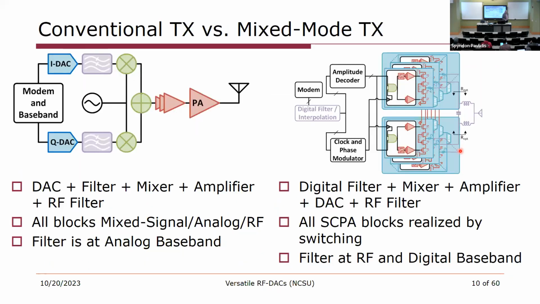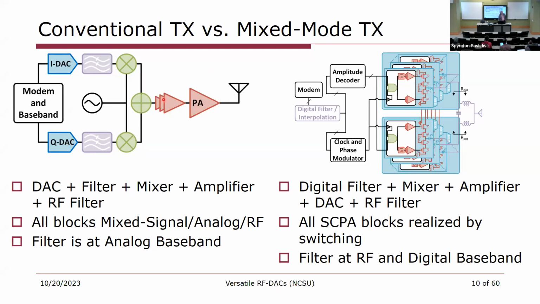Now, if we look at the architecture of a conventional transmitter, we're going to compare that to a mixed mode transmitter. So the conventional transmitter that I showed earlier consists of our modem or baseband circuit that exists in a digital processor of some sort. And then we have a digital to analog converter, a filter, mixer, and amplification. And I've color-coded these things to correspond with where they more or less correspond in our mixed mode transmitter.